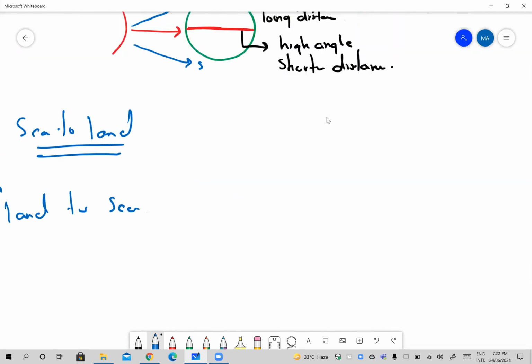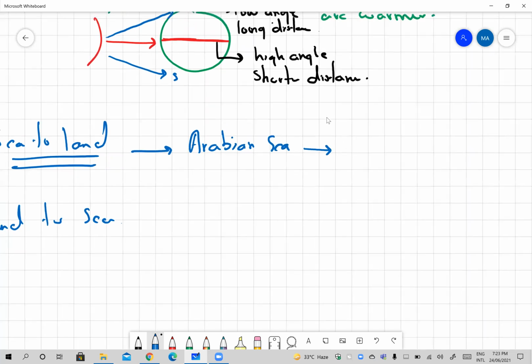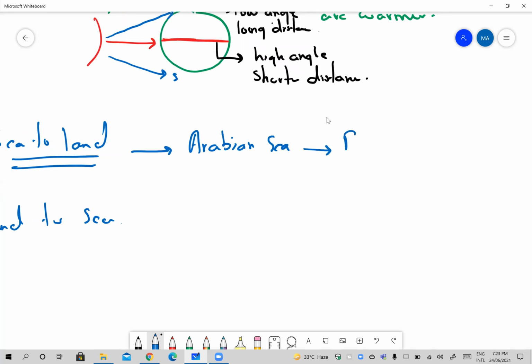So these winds, they basically originate from the Arabian Sea, and they travel towards the Indus Delta from the Bay of Bengal towards the Indus Delta, and they also, I mean, they also enter India, because obviously India is a neighboring country.